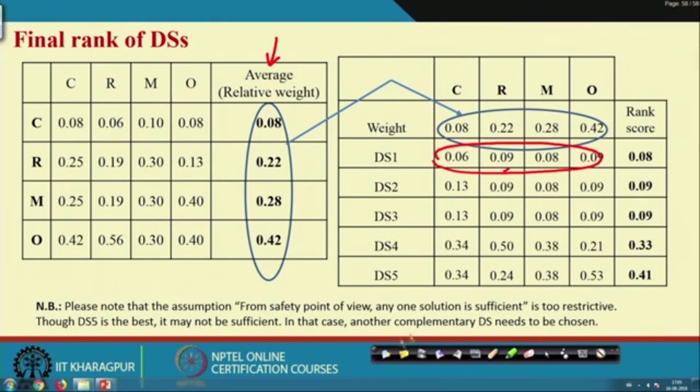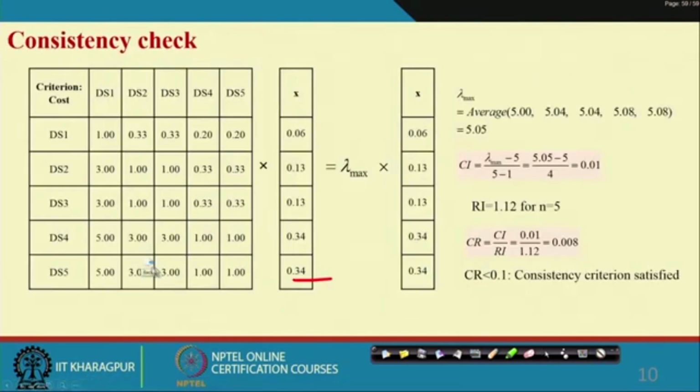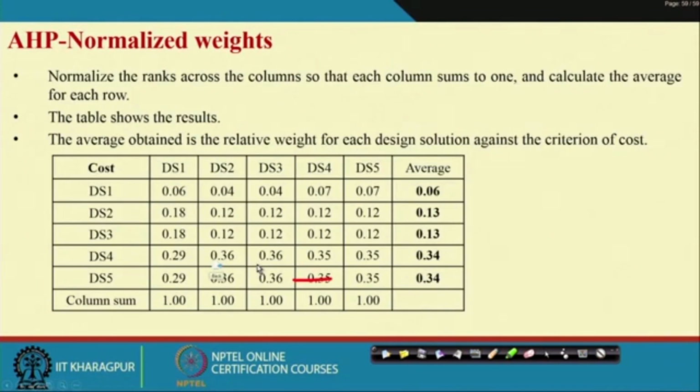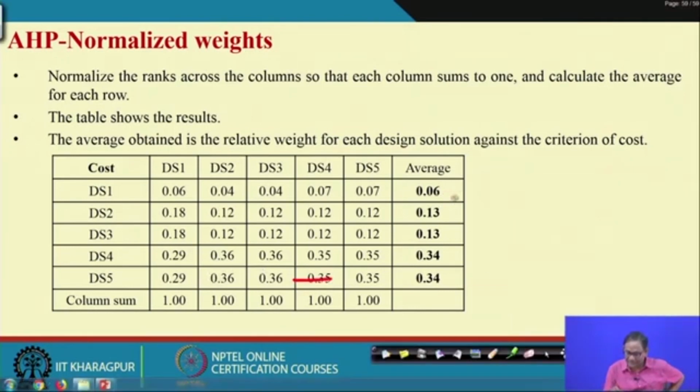Let me go back. 0.06, 0.06, 0.13, 0.13, 0.34, 0.34.